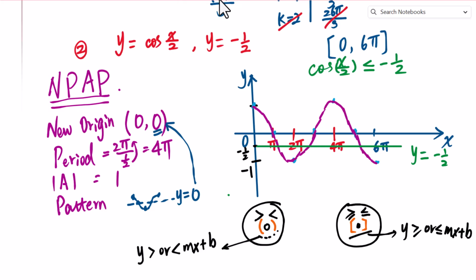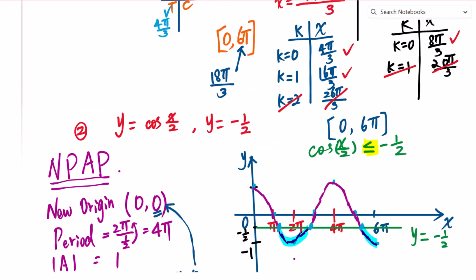Since we have less than or equal to, close the circle for intersections. Less than or equal to -1/2 means below y equals -1/2. This will be the solution.